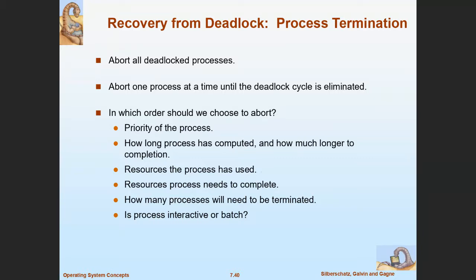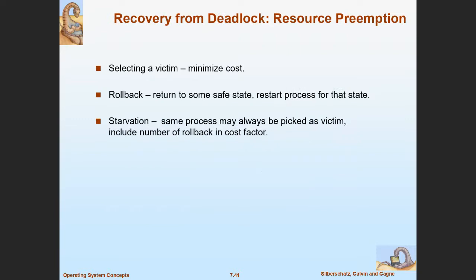How many resources does the process need to complete? If fewer, go ahead. How many processes will need to be terminated? So we select the correct one. Is the process interactive or batch? Interactive requires more other processes, so batch is better to be selected.